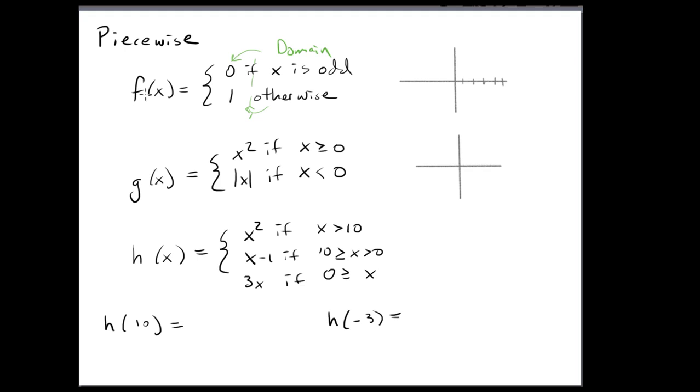So for my first one, f of x is equal to 0 if x is odd. So 0, not odd. 1, that's odd. So f of x is 0. 2, not odd. 3, odd. 4, not odd. 5, that's odd. Otherwise, it's 1.